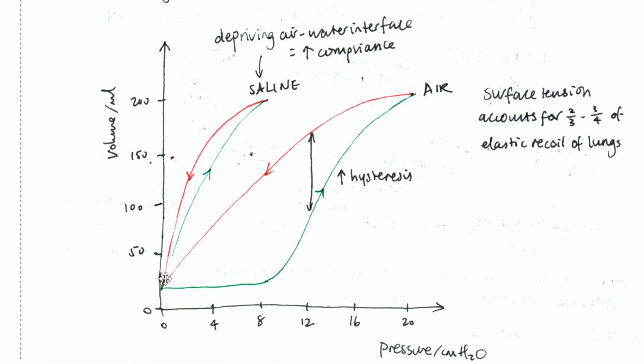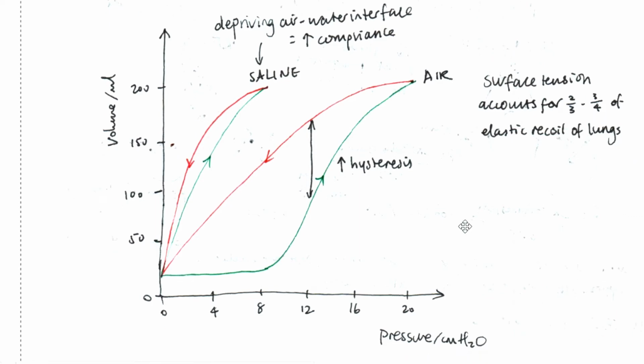And with saline, you can see that there was a much higher compliance, so the lung inflated and deflated much faster, and you can see that there's hysteresis in both cases. So depriving the air-water interface with saline increased the compliance, and surface tension accounts for about 2/3 to 3/4 of the elastic recoil of the lungs.